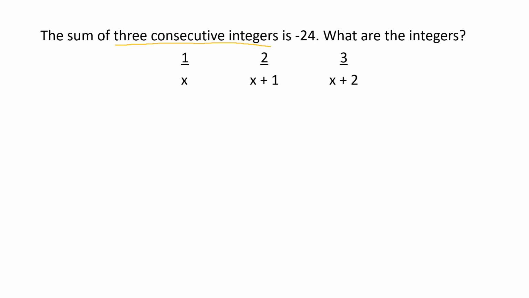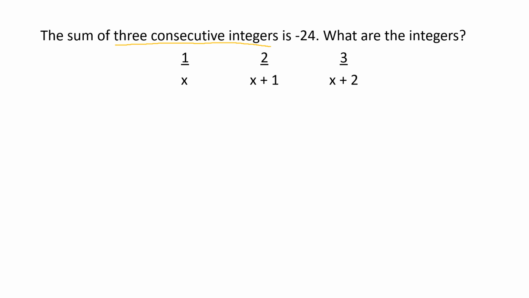So if I have 4, my next integer, plus 1, is 5, and my next integer, 4 plus 2, is 6. 4, 5, 6. So that's going to get me my consecutive integers by adding x, x plus 1, x plus 2.